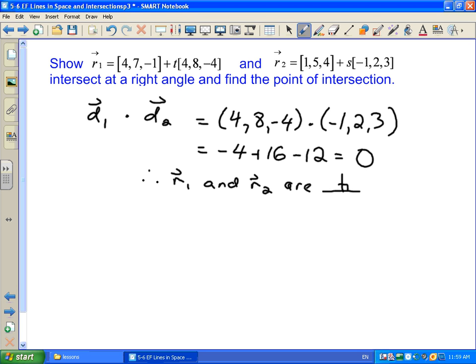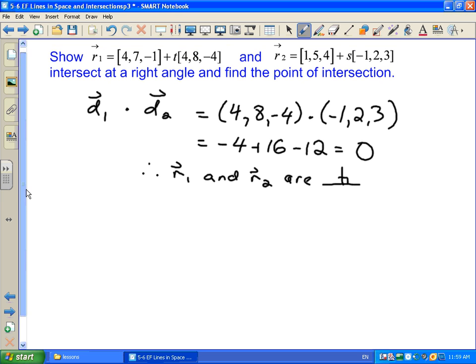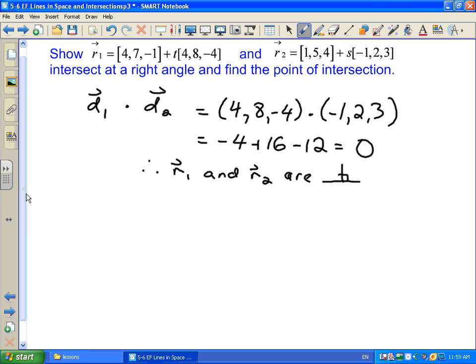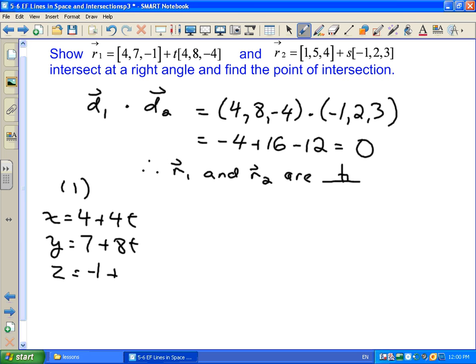Now we want to find the point of intersection. We know there's going to be one point, so now we just have to find it. Let's start by getting our parametric equations. For R1, we've got x = 4 + 4t, and y is going to be 7 + 8t, and z is going to be -1 minus 4t.